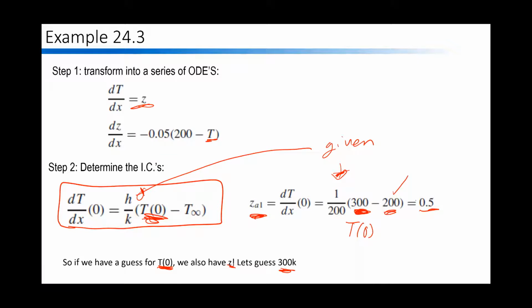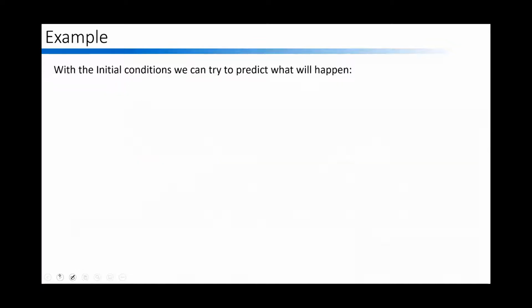So now we essentially have all the information that we need. We have an initial value problem, so we can go ahead and solve it. We have T at 0 is 300, and z at 0 is 0.5.